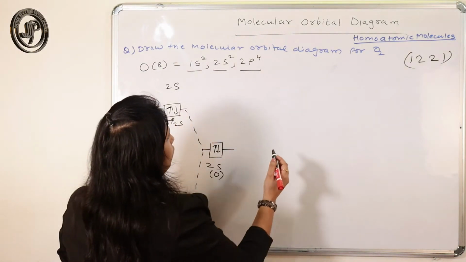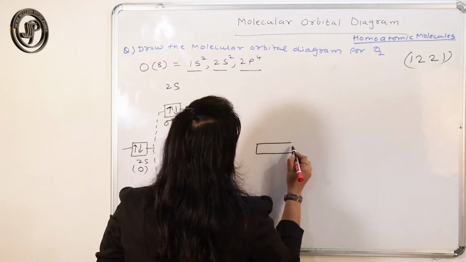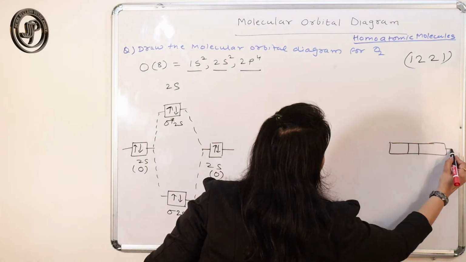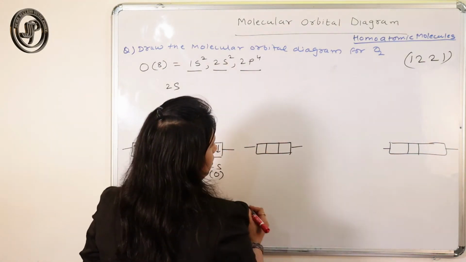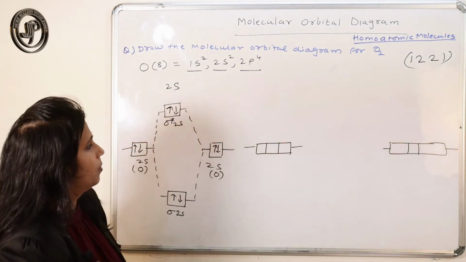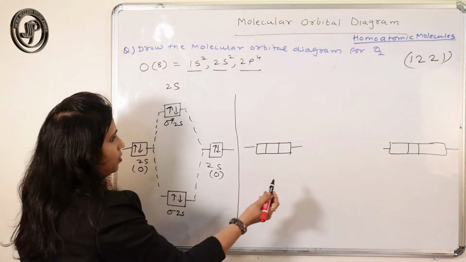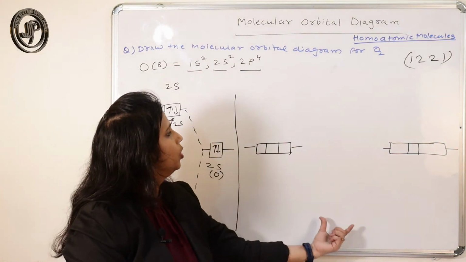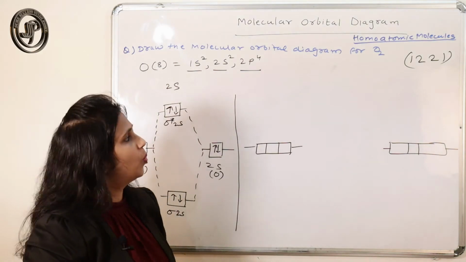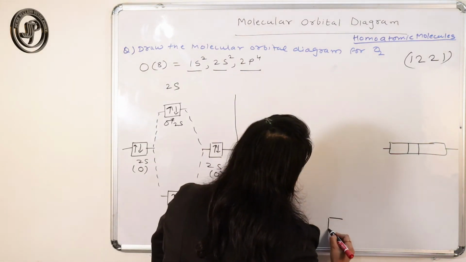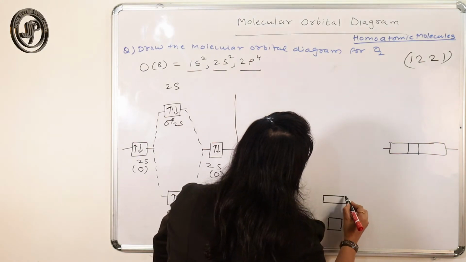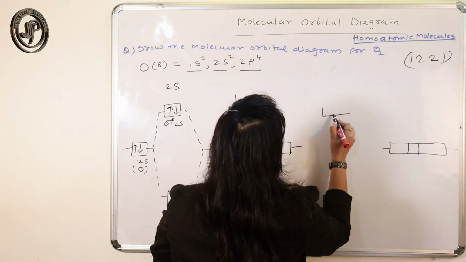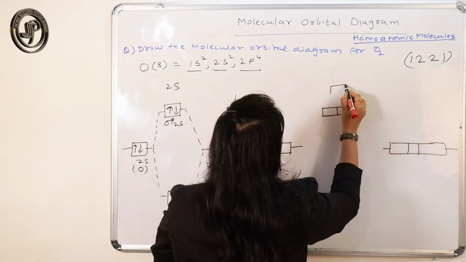Now 2p. For 2p what do I need to do? Here there are 3 atomic orbitals for 2p. We make it like this. Now we have made this for 2p. Now what will come for the molecular orbitals? We just follow the rule 1 2 2 1: 1, then 2, then 2, then 1.